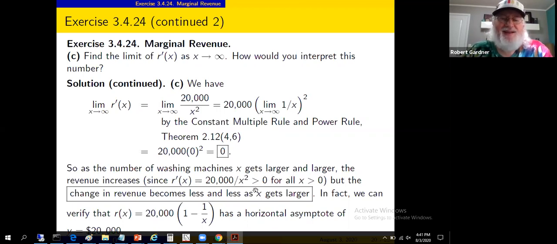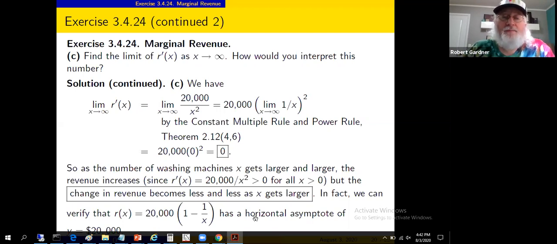The thing is, it doesn't go up much when X is really big, because we've got the rate of change approaching 0 when X is really large. So yeah, revenue increases when you make more machines, but it increases at a really small rate when you make X large, when you make a whole bunch of the machines. In fact, we could go through and see that the revenue function has a horizontal asymptote of 20,000.